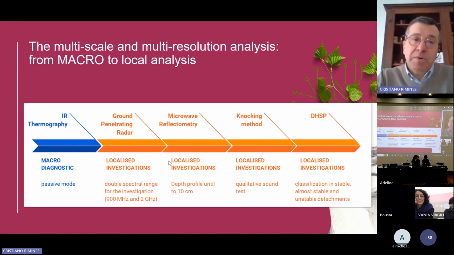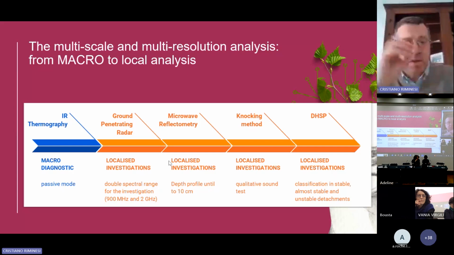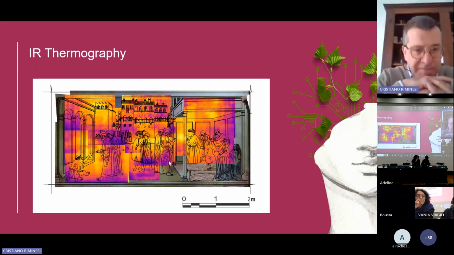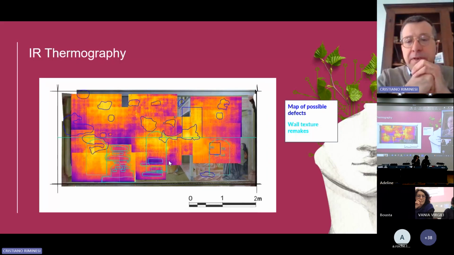To understand that, we applied a multi-scale and multi-resolution analysis, from macro to local. The starting point for this investigation is infrared thermography. By infrared thermography, we can highlight the discontinuities, the detachments of the wall paintings, and also the old refacings, the wall texture remade in the past.